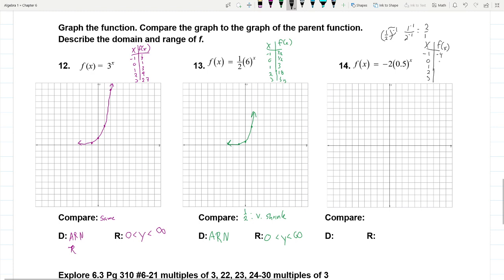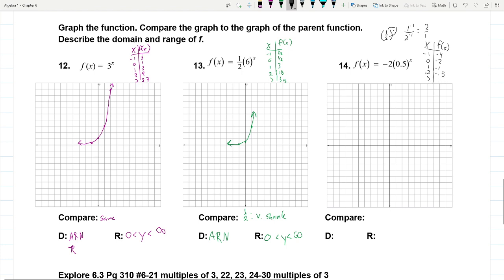If I do 0, I get -2. If I get 1, I get half of -2, which is -1. If I do 2, let's see, 0.5 squared is 0.25, and so a quarter of -2 is -0.5.